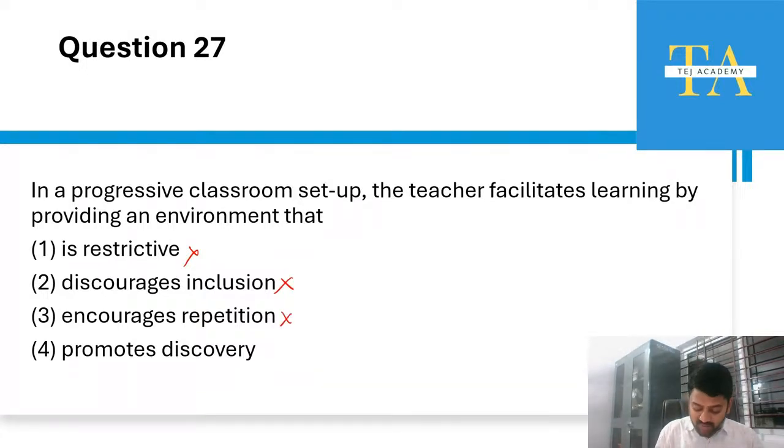No. That promotes discovery? Yes. It should promote discovery, creativity. Good. Repetition is not the progressive method. If you repeat 100 times in the same way, that may not be understood by the student. So we need to change the method, we need to change the strategy.